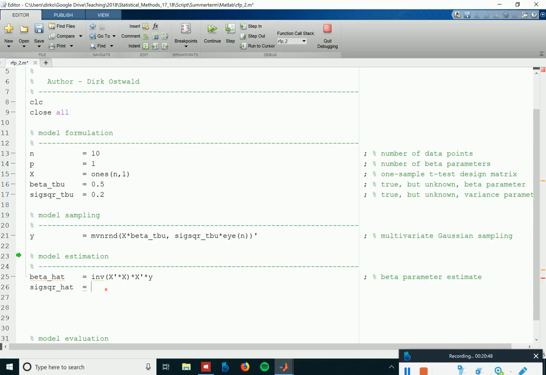It's all forgotten. But I know where I can look. Isn't it x times beta minus y? Usually I do it the other way around. Transpose times the same. Then divide by n minus p. Yeah.